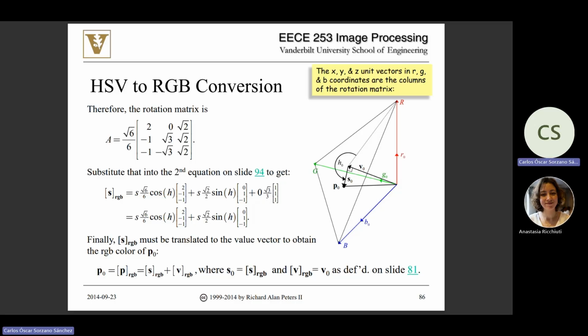So now you tell me the saturation and the hue, I simply multiply, and it will give you the color in RGB. Getting to the matrix was complicated, but applying it is trivial.